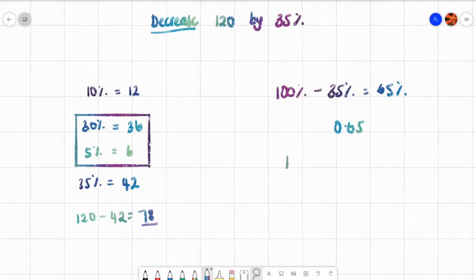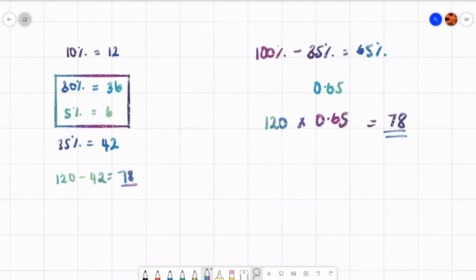So I'm going to do 120 times 0.65, and I end up with 78, and you can see you end up with the same answer. Again, you can use a lattice method for this, or you can do the traditional method by timesing the two numbers together without the decimal point and then putting the decimal point back in, or you could just use a calculator.